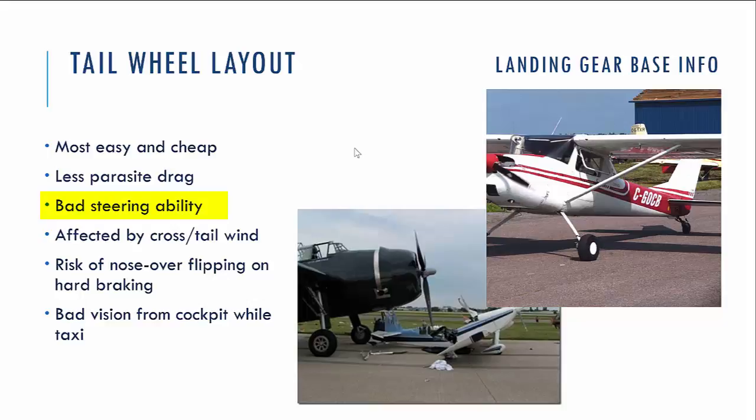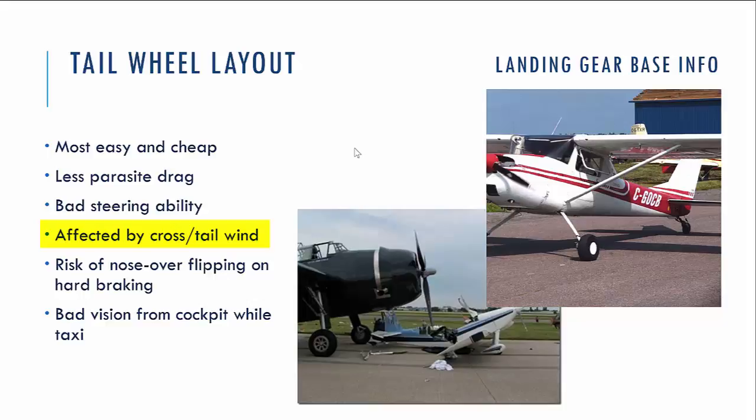You could steer the aircraft, you could change direction by applying differential braking on the main gears, and also, in case of sufficient airspeed, you could use a rudder to control the direction of the airplane. So you control the direction aerodynamically, and that's why these kinds of airplanes are affected by crosswind or tailwind.